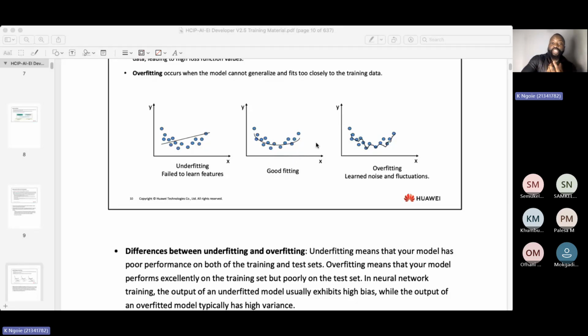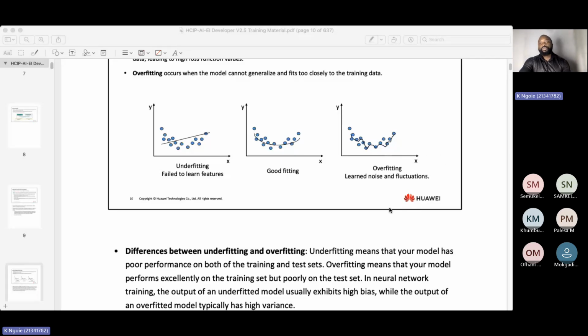In terms of generalization, you have a very poor generalization because the model fits the training data too well, but it fails on new data. The behavior of this model is that it learns too much, including some irrelevant noise.